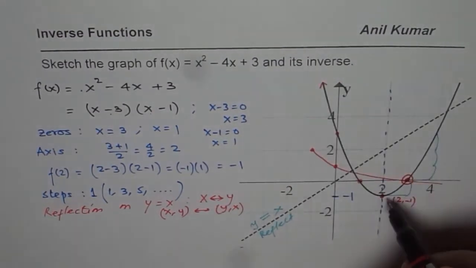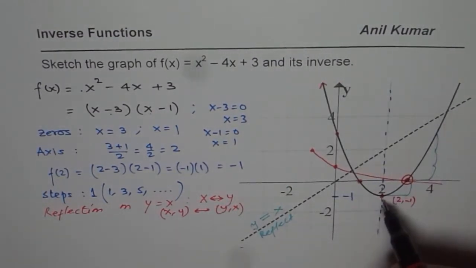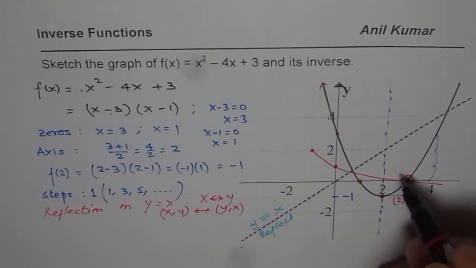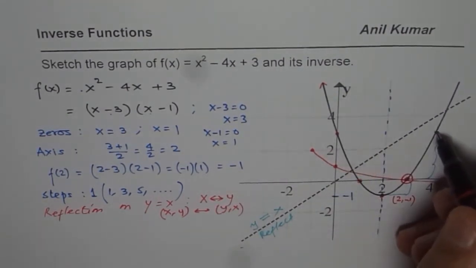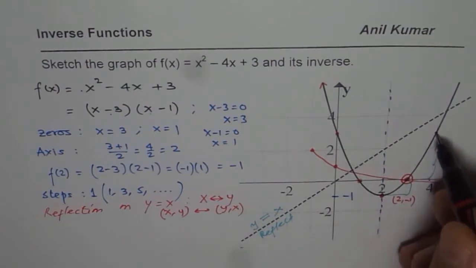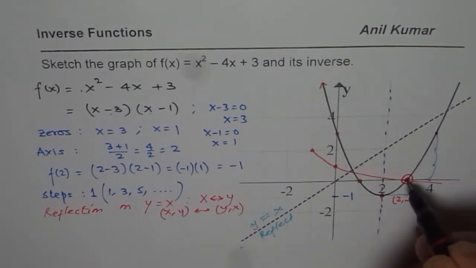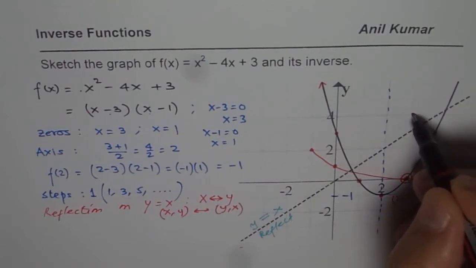Now let's look at the right half of the parabola where x is greater than 2. That point is (3, 0). It will be at (0, 3). So we get that point here, and then we have the point (4, 3), which will appear at (3, 4), or you can go diagonally from here. That is your point.